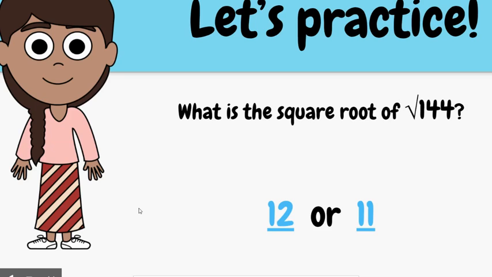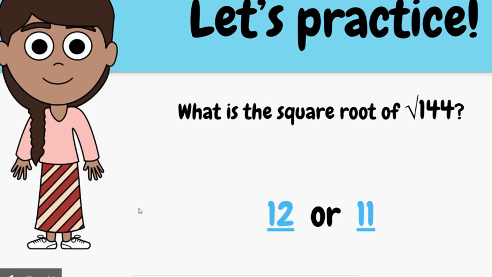Or if you don't want to use a square root function, you can utilize the numbers that have been given. So we have a 12 or 11. We know that it's one of the two. We know that we have to multiply the number by itself, and it has to give us 144. So if you multiply 12 times 12 or 11 times 11, which one of those is going to give you 144?